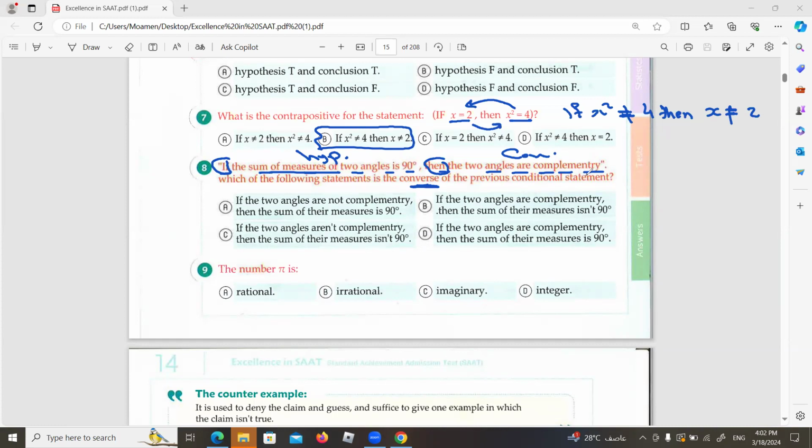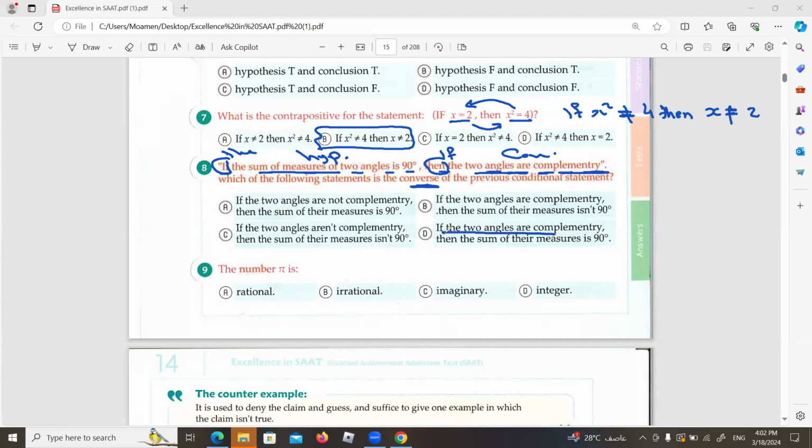Converse, it means what? Recall with me, it means to flip. You will start with the second. So I write if instead of then, and then instead of if. If the two angles are complementary, then the sum of their measures will be 90 degrees.